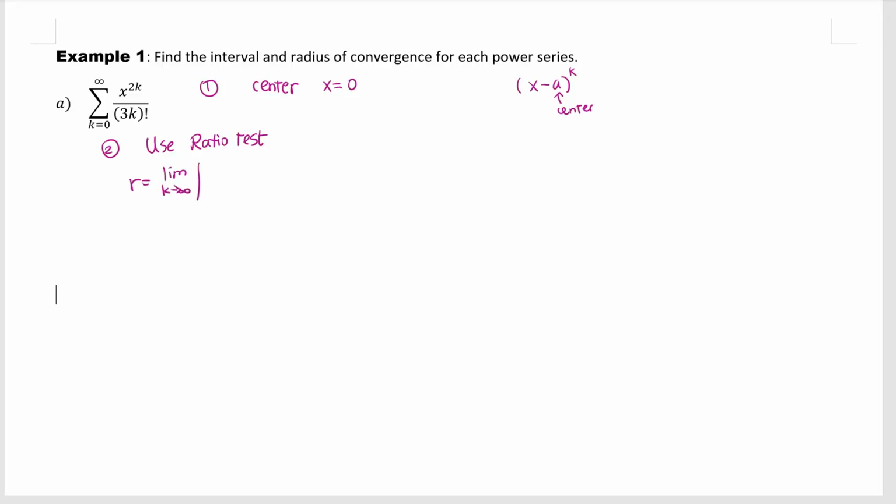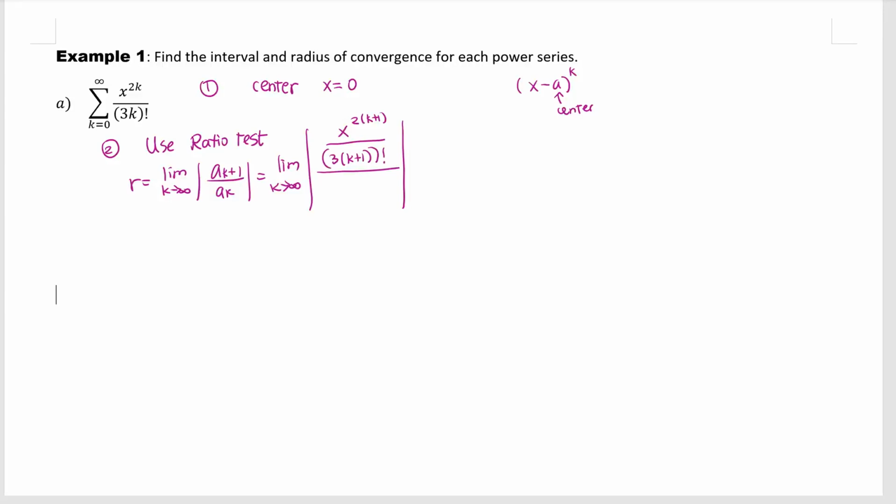The limit as k goes to infinity of a sub k plus 1 over a sub k. So a sub k plus 1 is, we replace k by k plus 1: x to the 2k plus 1, over 3k plus 1 factorial.